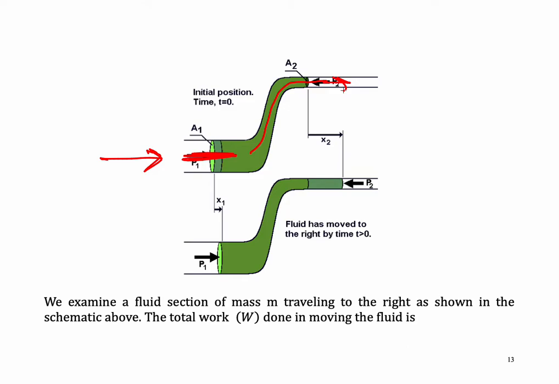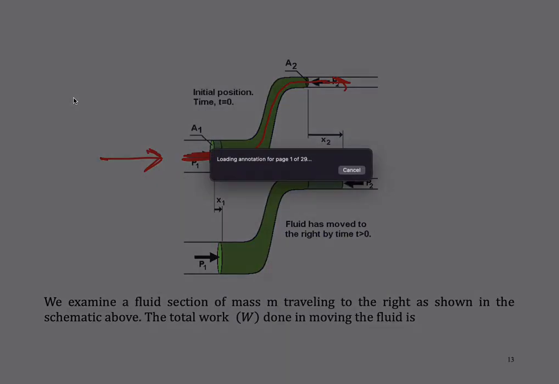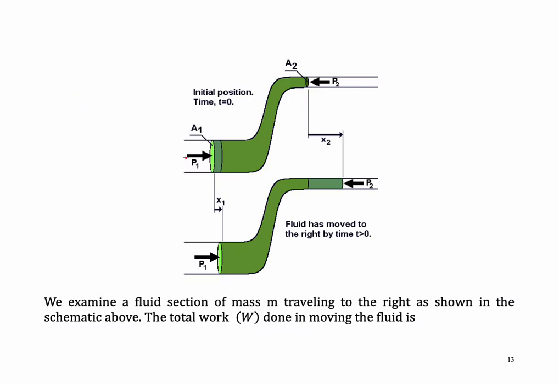So to have a force, we assume that there is a pressure at point number 1, and we have a cross-sectional area of A1 here. And then at the same time, another pressure could occur on the surface, as we learned previously.